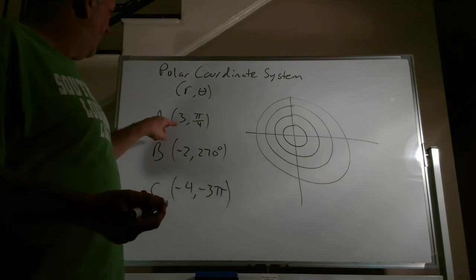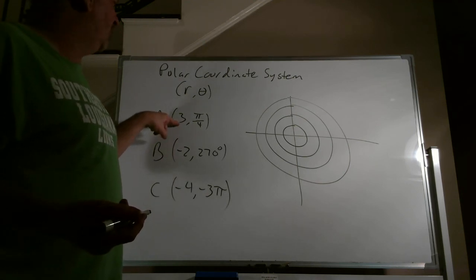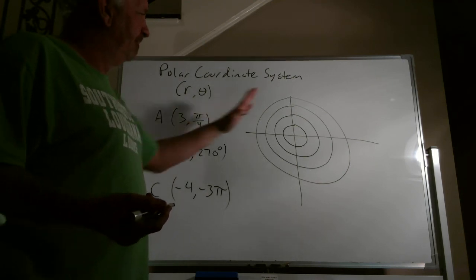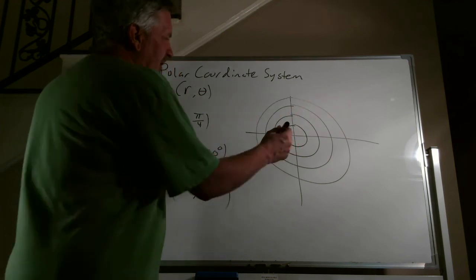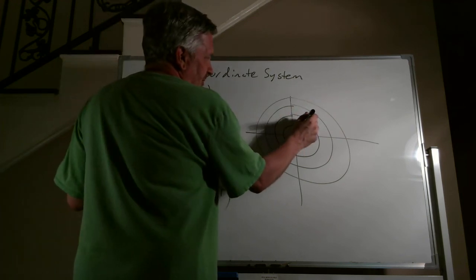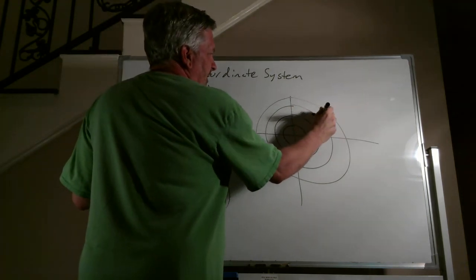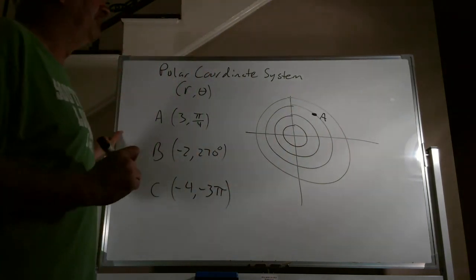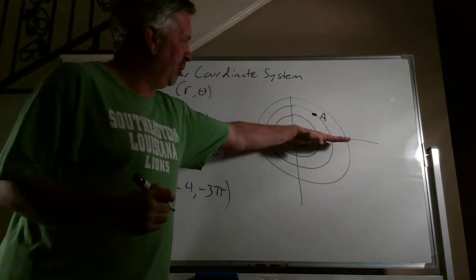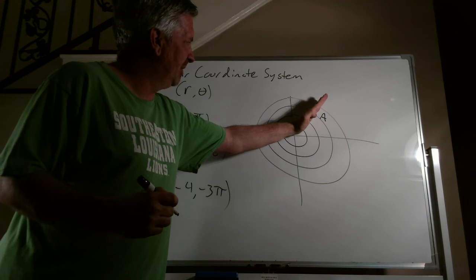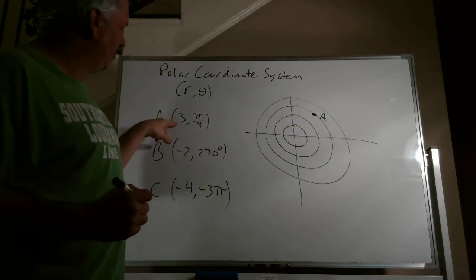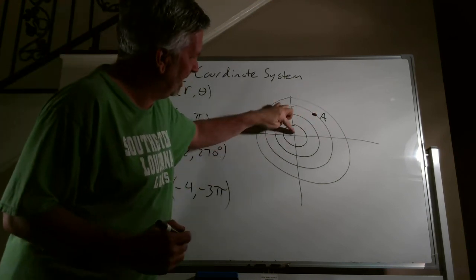Now, r is 3 here, so this says go a distance of 3 on that terminal side. So it would be 1, 2, 3, it'd be here. There's my point A. So you rotate through pi over 4 radians, and you go out a distance of 3 on that terminal side. So 1, 2, 3.